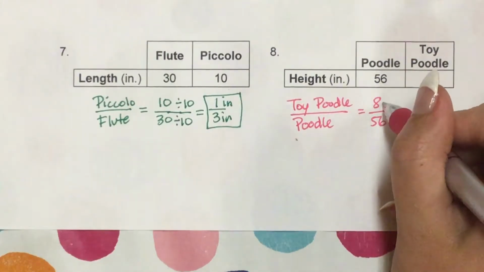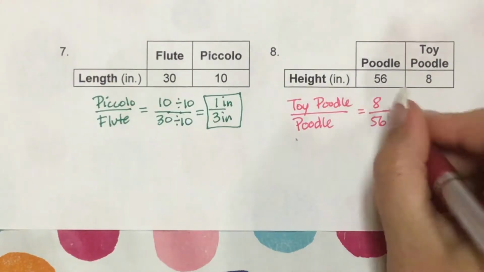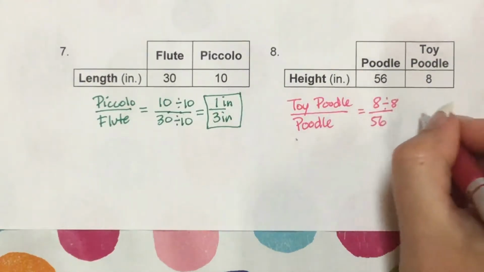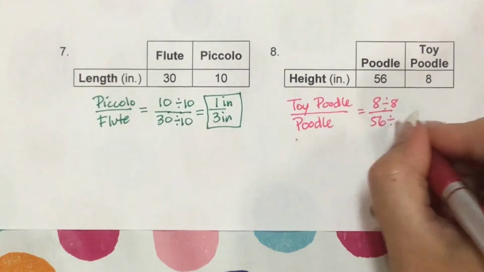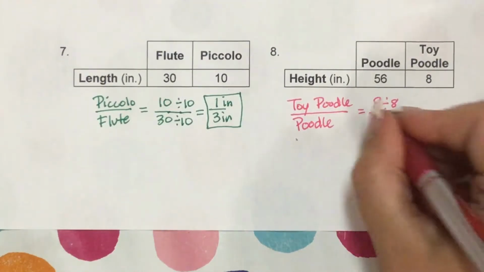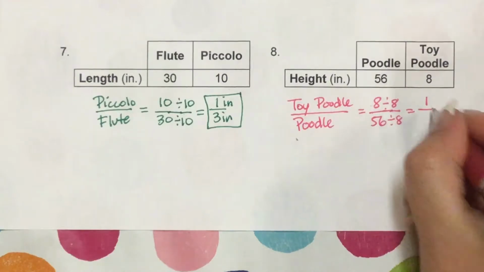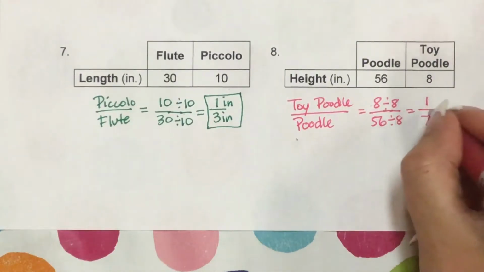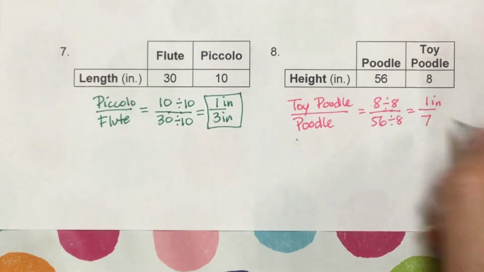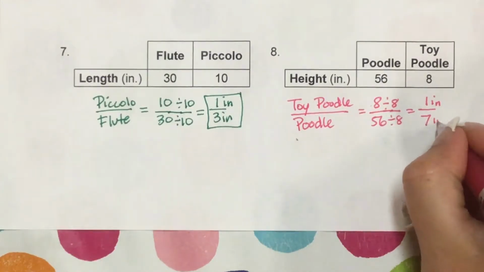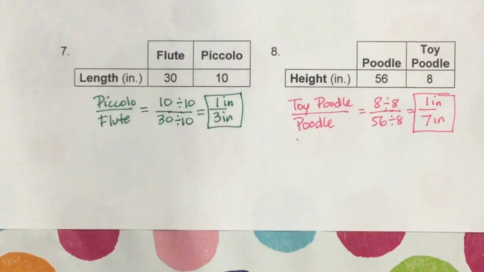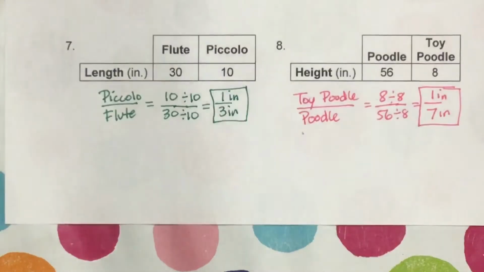To do that, we need a 1 in the numerator, the top part of the fraction. To make an 8 into a 1, we need to divide it by 8. Whatever we do to the top, we have to do to the bottom. So 8 divided by 8 is 1. 56 divided by 8 is actually 7. So that means for every 1 inch that the toy poodle is, an actual poodle is 7 inches. So there's the scale factor right there. Awesome. If you got that one right, great job.